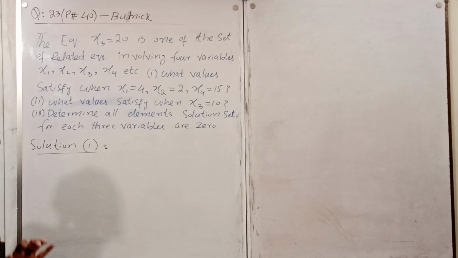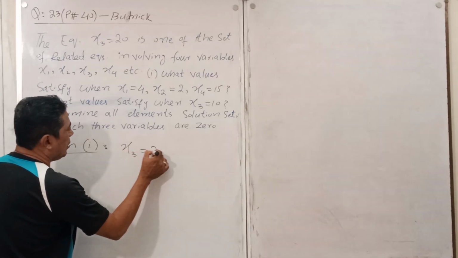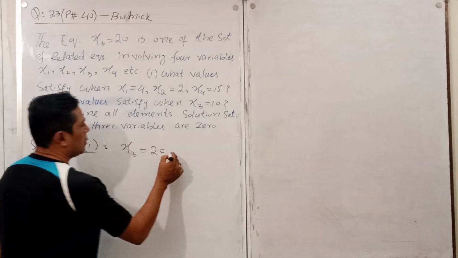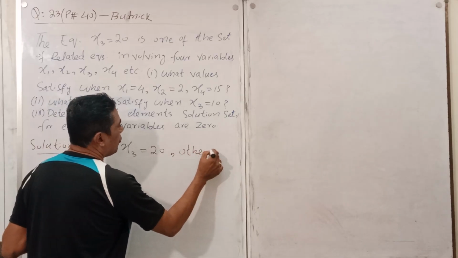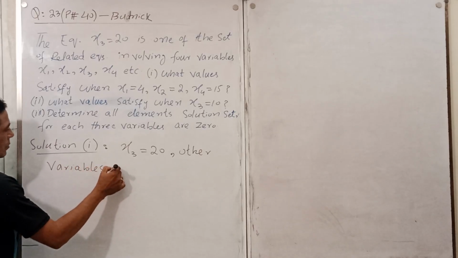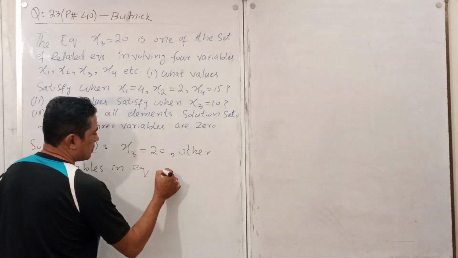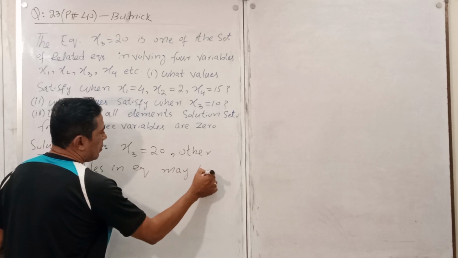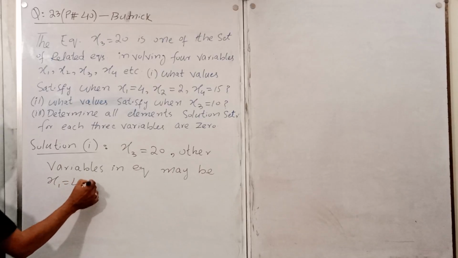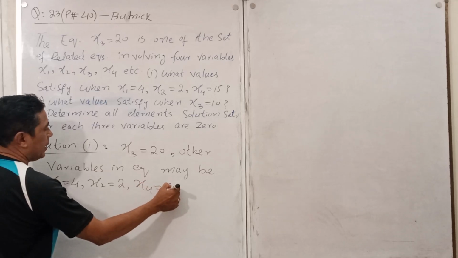The solution here is when x3 equal to 20, the other variables in the equation may be x1 equal to 4, x2 equal to 2, x4 equal to 15.